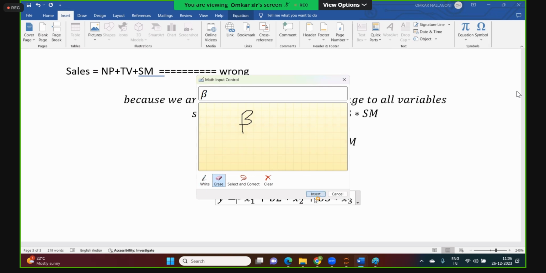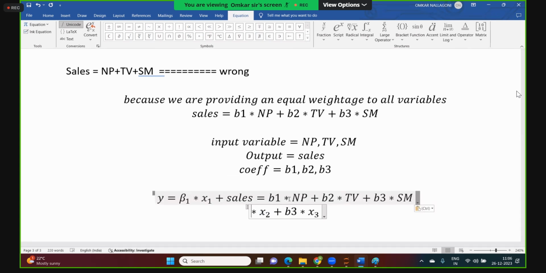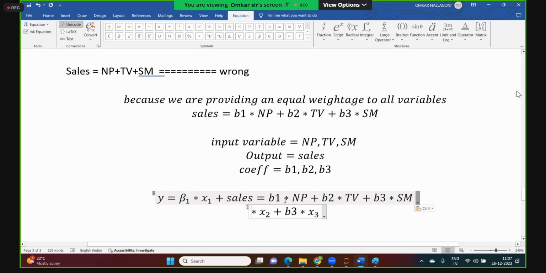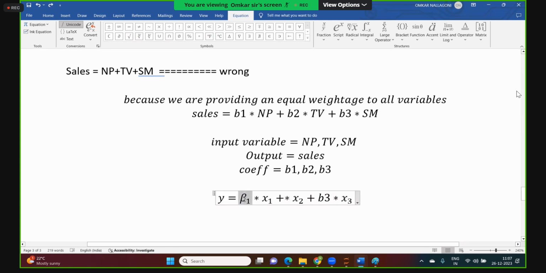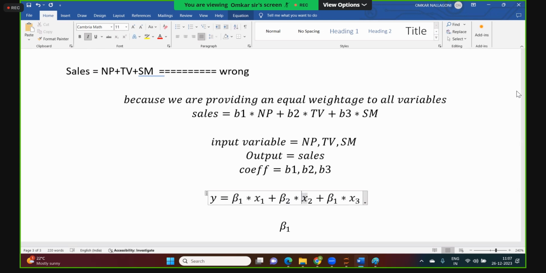So beta 1, and here what will come? Beta 2, beta 3.